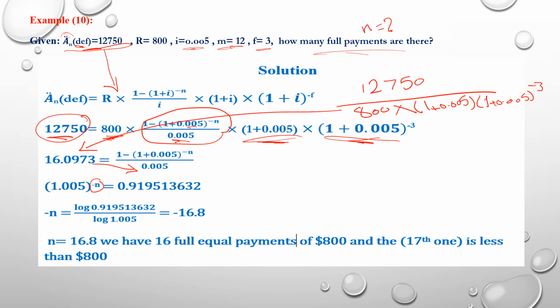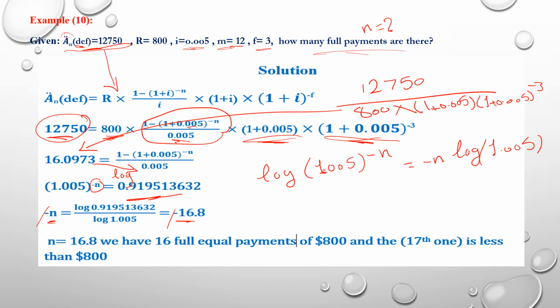When you take the log of any number that has a power, this would equal minus n log 1.005. So by dividing both quantities over each other, we get the value of n, which is also with a negative sign, so negative goes with negative, so n equals 16.8.